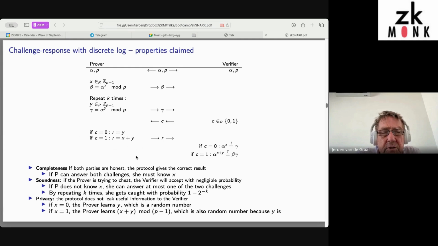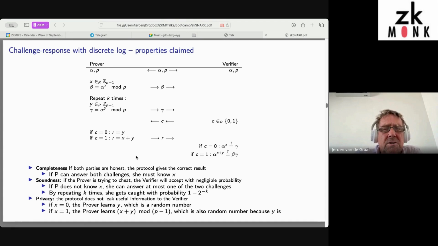Now this is a little bit informal, what I'm doing. There are official definitions of zero knowledge that say you can imagine that the verifier has some access to a simulator, and the simulator is doing what the prover is supposed to do.